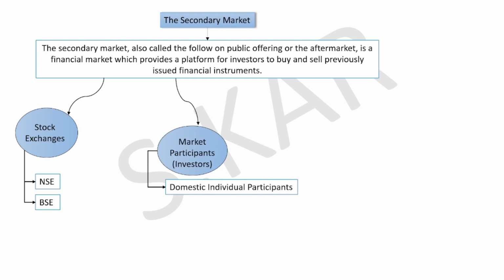Depending upon the net worth, the location in which the investors are based, and whether they are individuals or a group of people, the investors are divided into various categories, like the domestic individual participants, the NRIs and OCIs, the DIIs, the DAMC, and the FII or FPI.